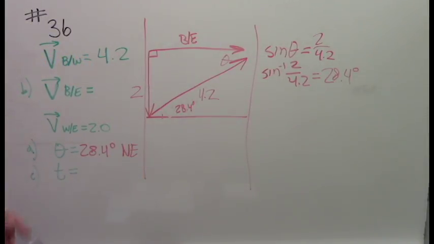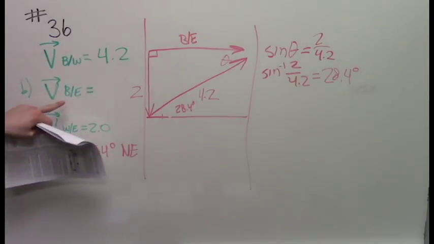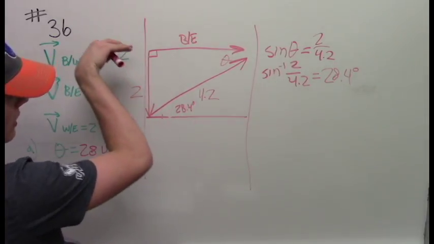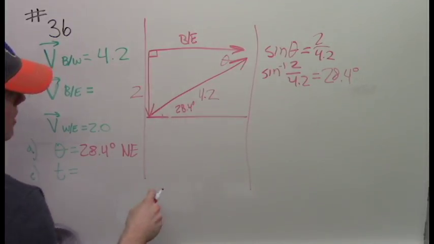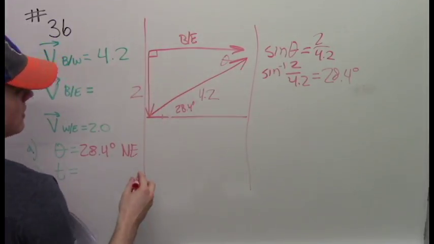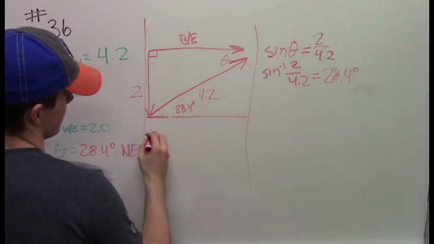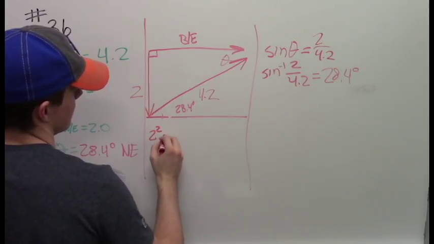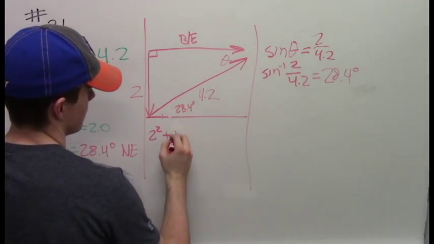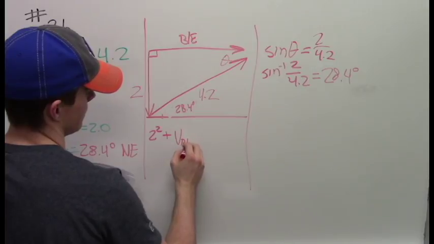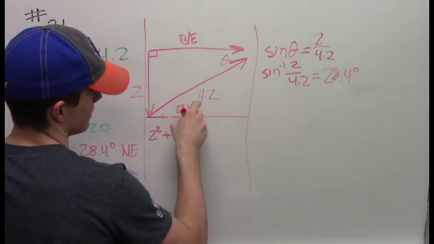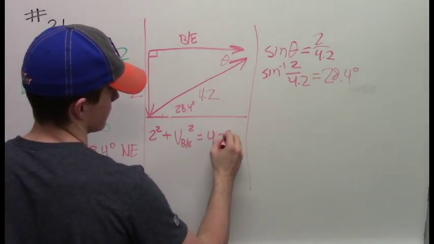So for part B, what it's wanting to know is the velocity of the boat relative to the earth, so the velocity that the boat is traveling east. We're going to use the Pythagorean theorem to solve this. So we'd have 2 squared plus velocity of BE squared is equal to 4.2 squared.